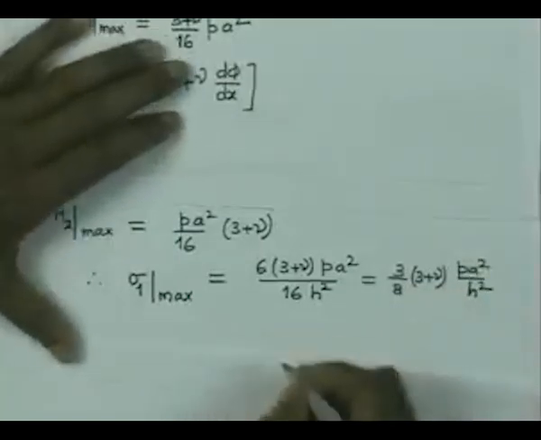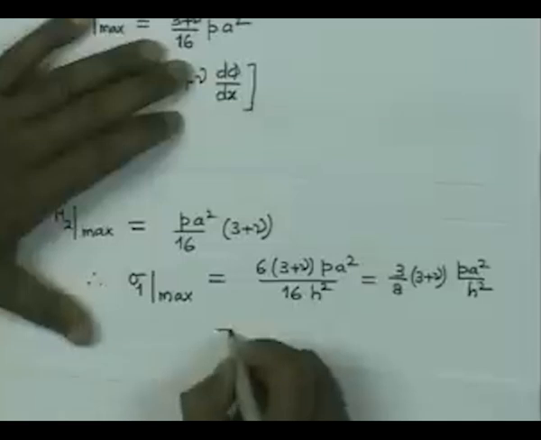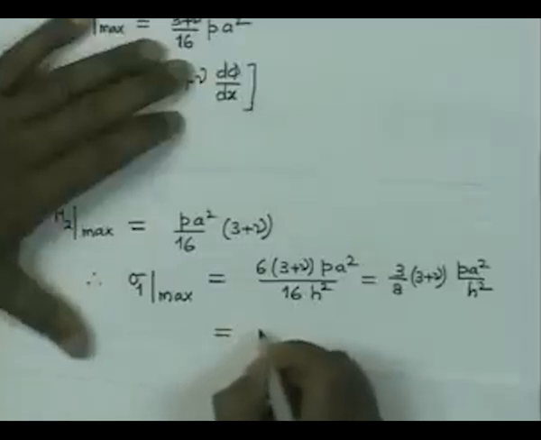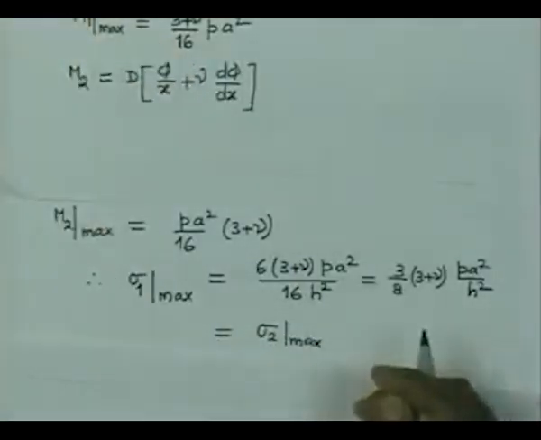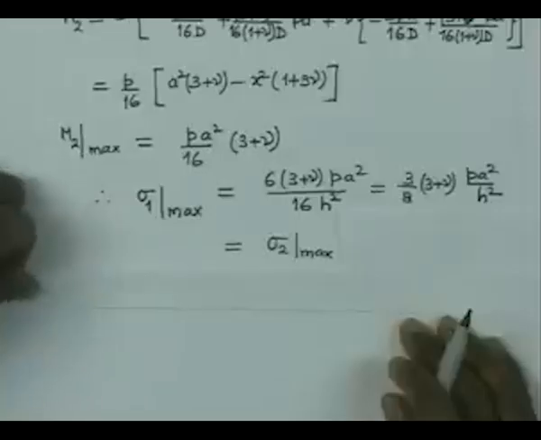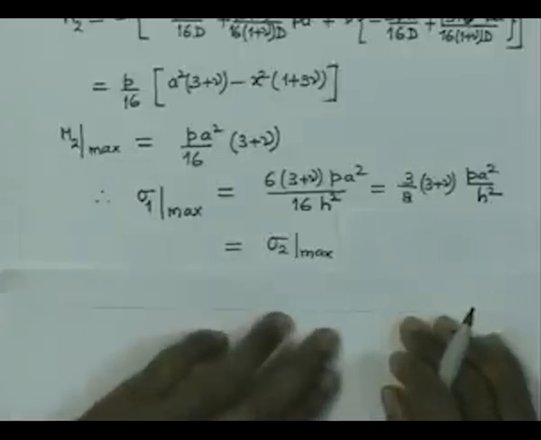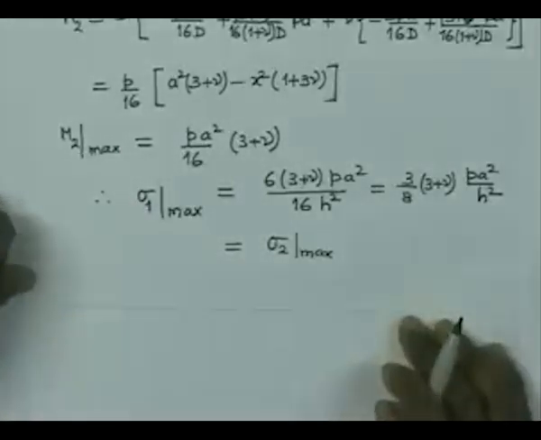And in fact, the stress in the circumferential direction is also the same. So, therefore, sigma 2 maximum is also of the same magnitude. You can think physically also to establish that sigma 1 maximum is equal to sigma 2 maximum.